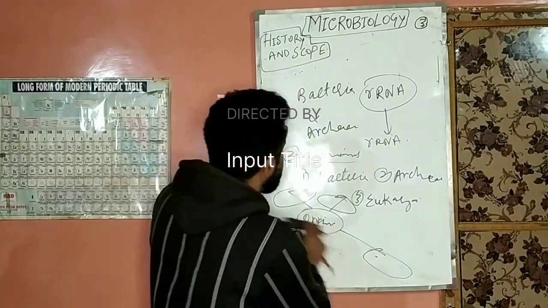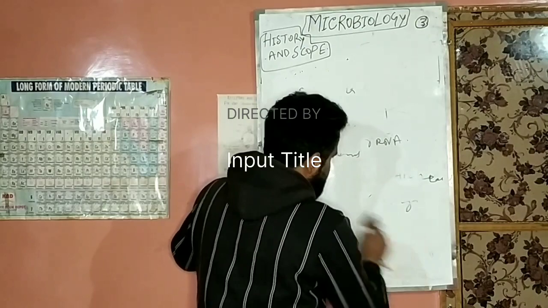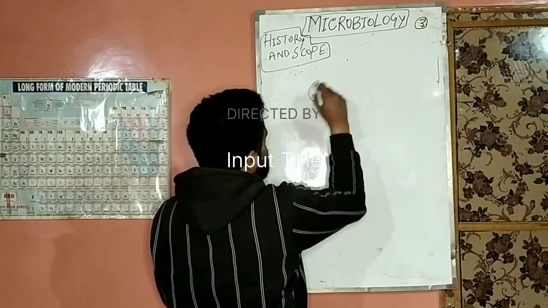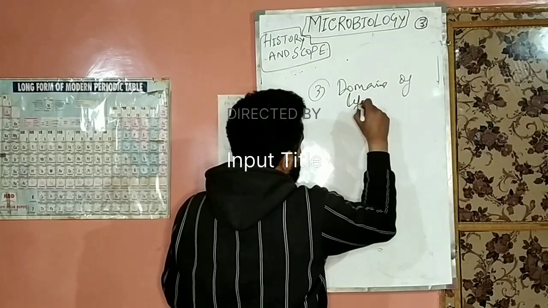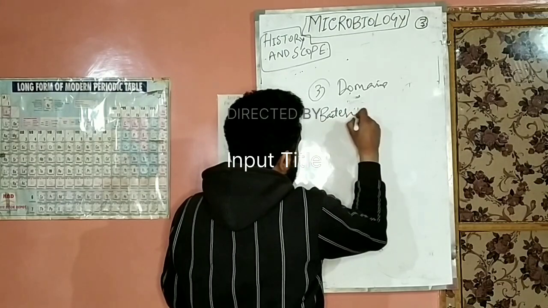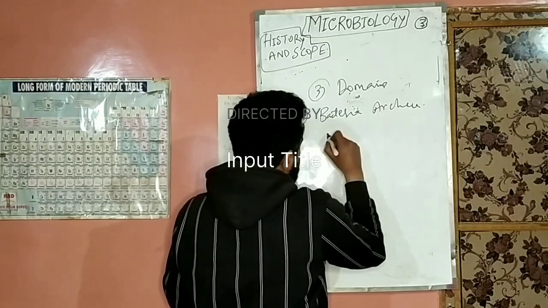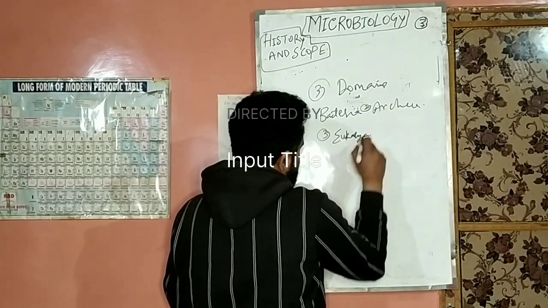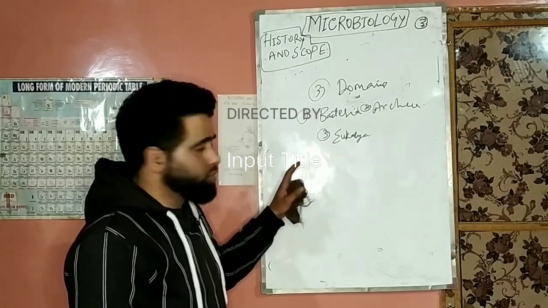So this classification scheme was later developed by the scientists: three domains, bacteria, archaea and eukarya.